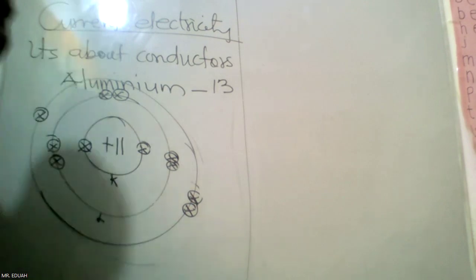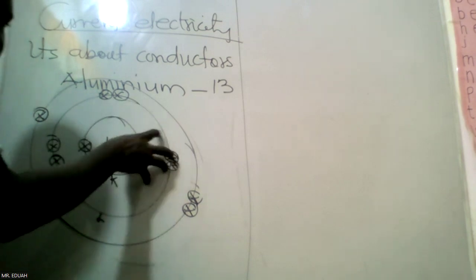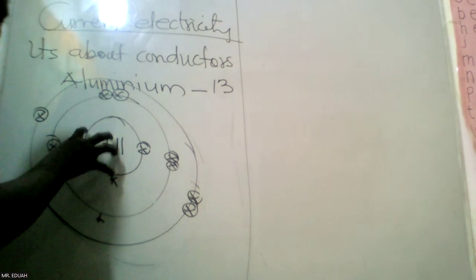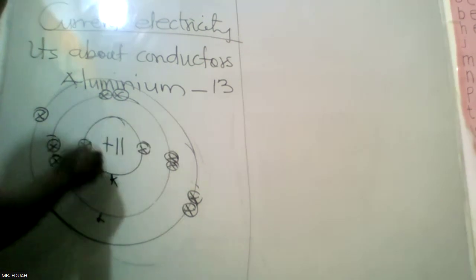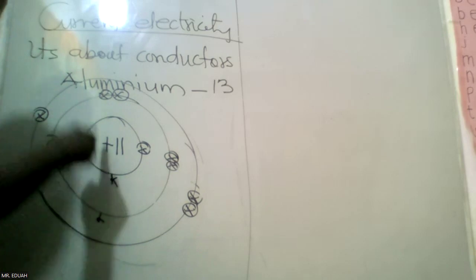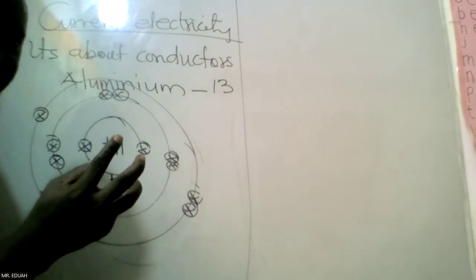Copper, iron, zinc, when you draw their electronic configuration, we have a lot of electrons within the inner filled shells, and so the attraction between the protons and the valence electrons is very little.